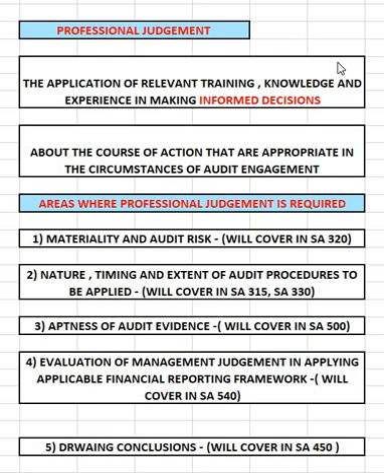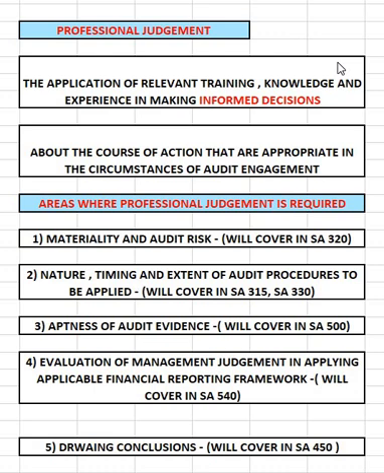It should be appropriate in what? In the circumstances of the audit engagement. So professional judgment is what? The application of relevant training, knowledge and experience in making informed decisions about the course of action that is appropriate in the circumstances of the audit engagement. Okay guys, so the professional judgment definition is over.